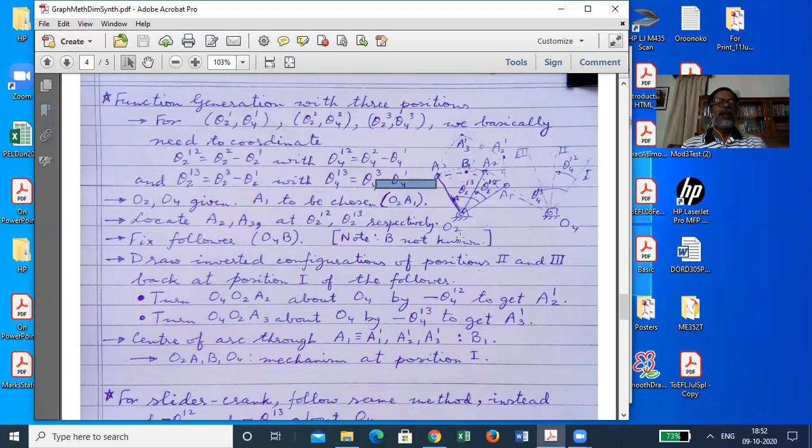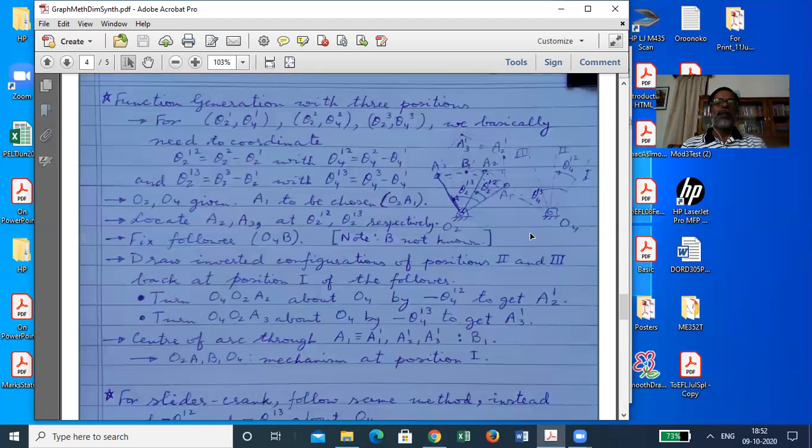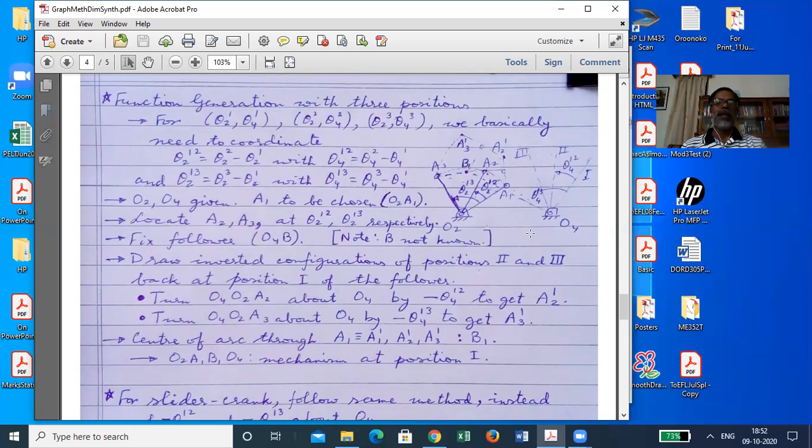So when you say fix follower, that means O4 is fixed, and that was originally given as fixed, it remains fixed, and one point on the link 4, which is actually supposed to be connected. Okay, that point when you locate, you will finish the design.